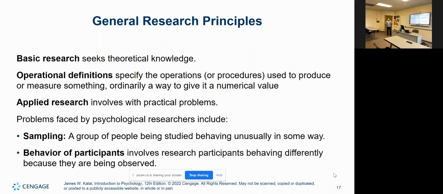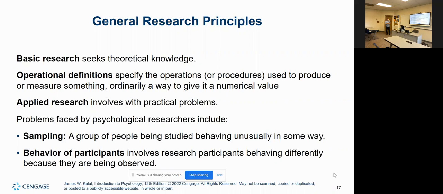But we know that can't be true either, because some people smile because they're nervous too, right? So we have to do a better job at figuring out a way to operationally define our variables.